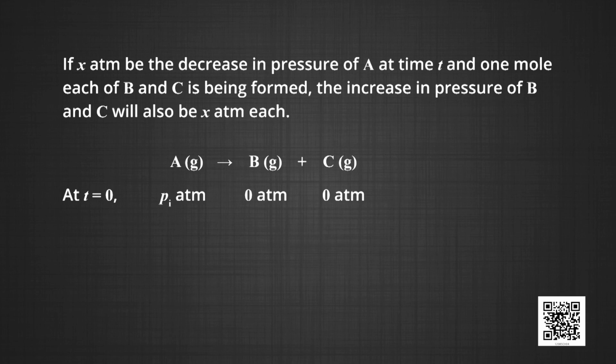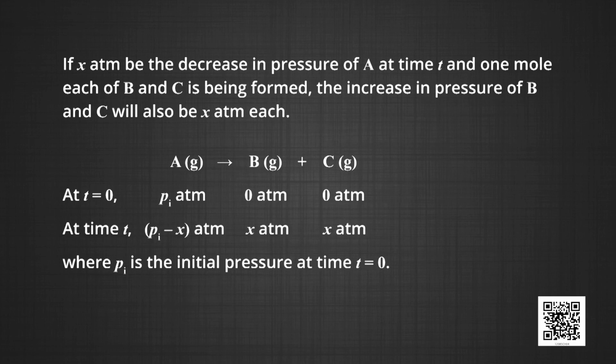Now, at time t equals 0, the initial pressure of A is Pi atmospheres, and the pressure for B and C will be 0 atmospheres. At time t, the partial pressure of A is Pi minus x atmospheres, and for B and C it will be x atmospheres each, where Pi is the initial pressure at time t equals 0.